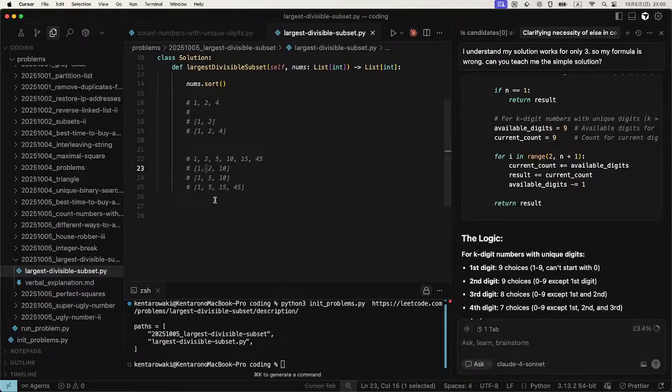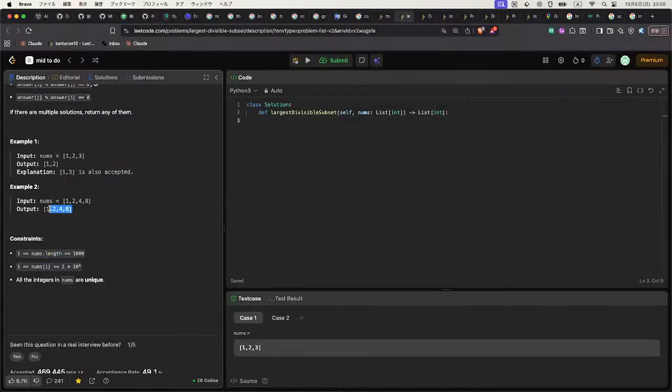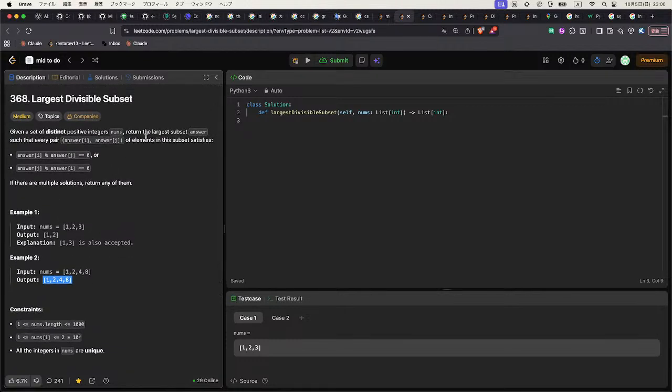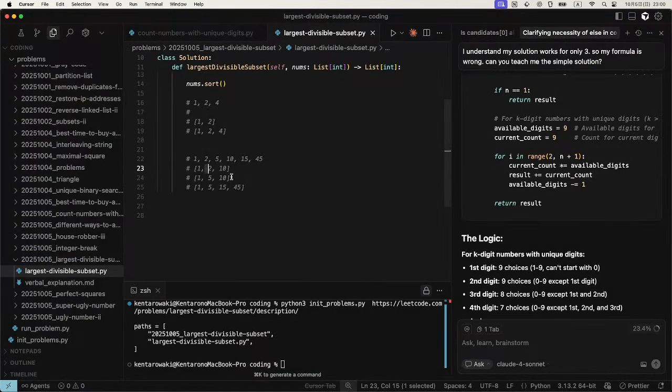The size is important because we have to return the subset itself, so we have to store the array. We cannot omit this.